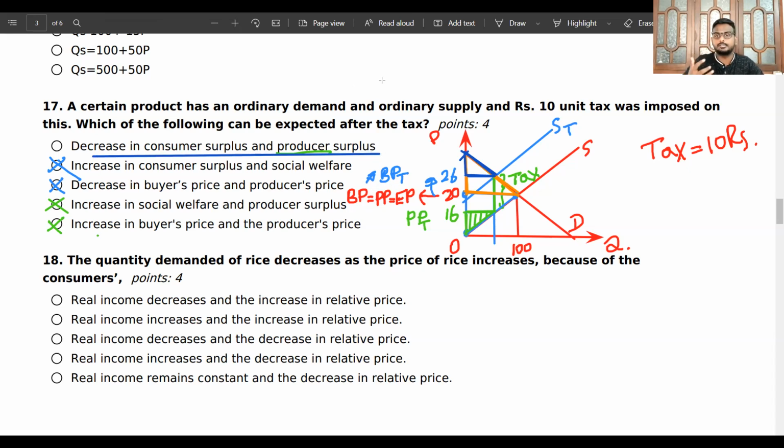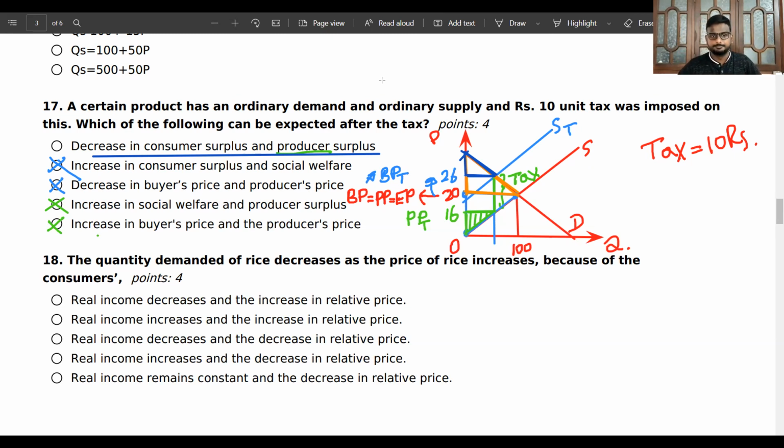When they say social welfare increases, that doesn't happen. We have studied that whenever a tax is imposed, there will be a dead weight loss. Dead weight loss means there's a loss, a decrease in social welfare. Why? Because whenever tax is imposed, consumer surplus drops, producer surplus drops, and the government will earn revenue.